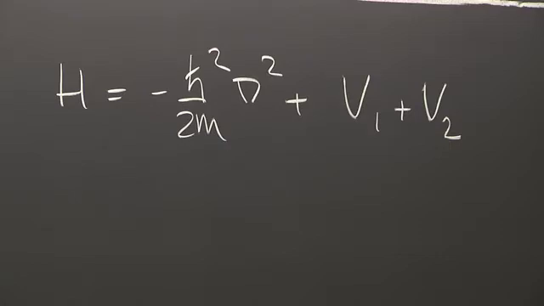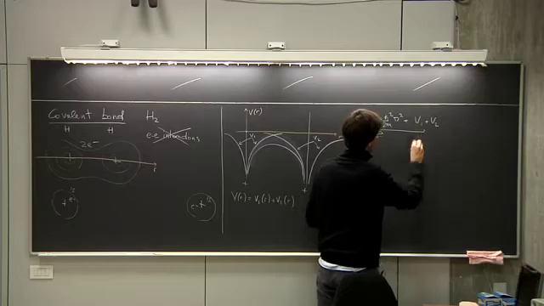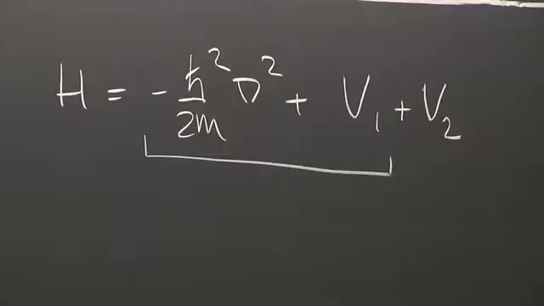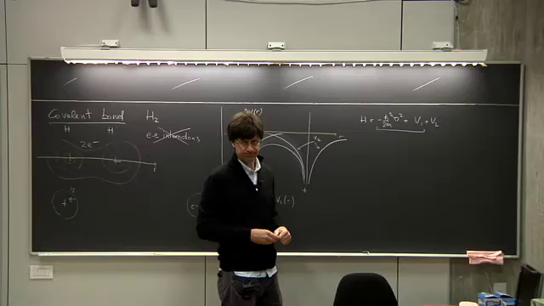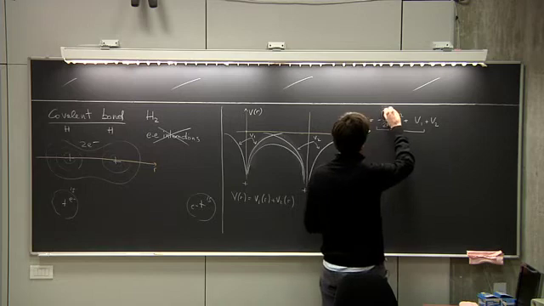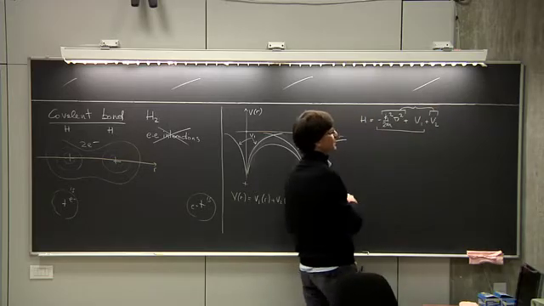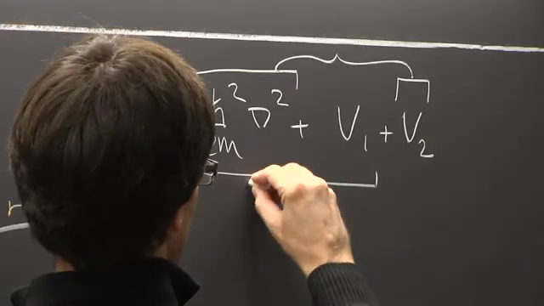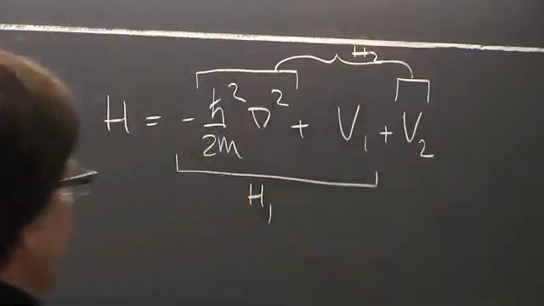And let me remark once again that this part here would be the Hamiltonian for atom 1. Vice versa, if I take this plus this, this would be the Hamiltonian of atom 2. So I can call this H1, and this I can call H2.